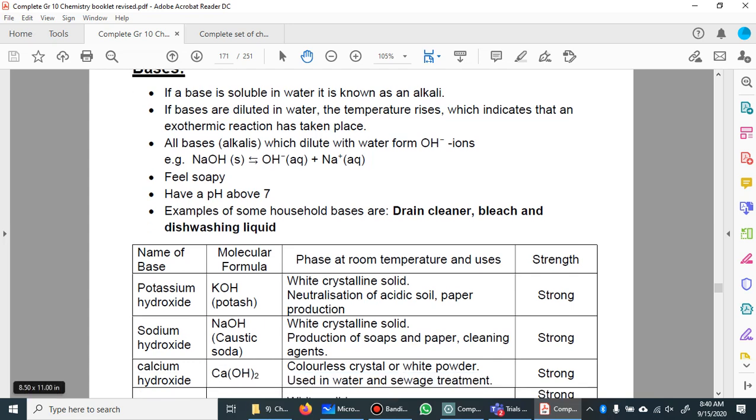Okay, another one is calcium hydroxide. When you study for a test, read through these tables of where you use these acids and bases. They could ask you something like a little 1 mark or 2 mark question about where do you use this or what do you do with this in everyday life.